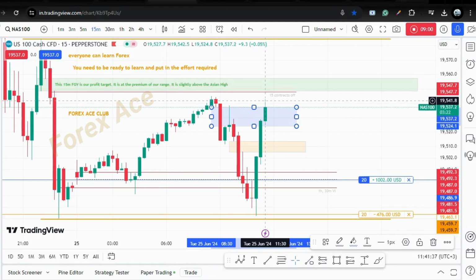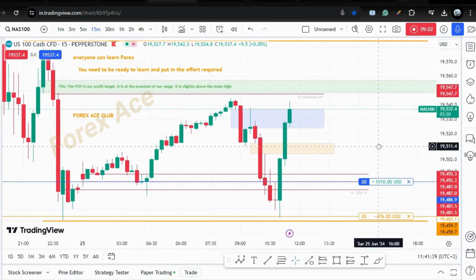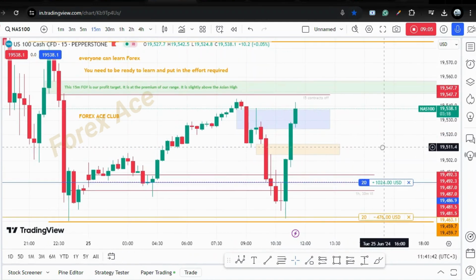It will add a confirmation to our trade. Beautiful.